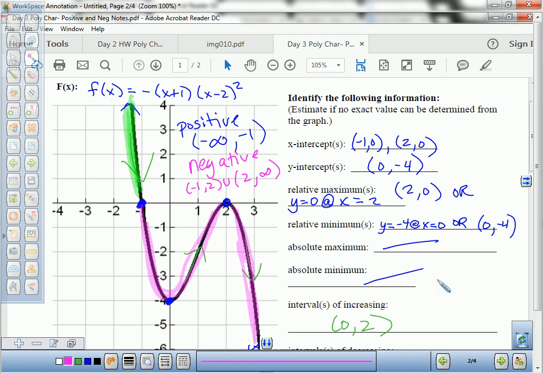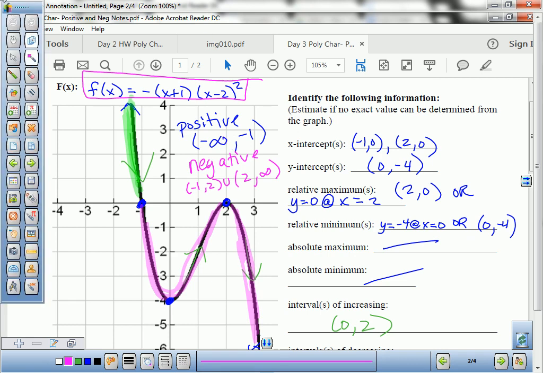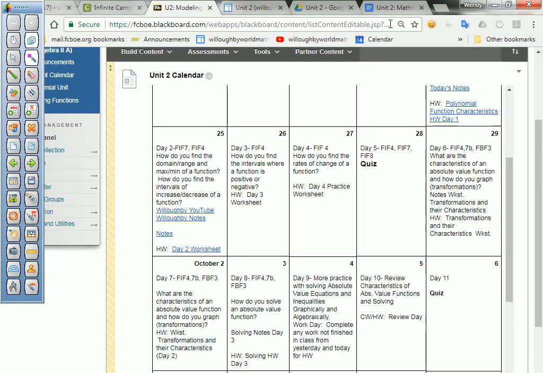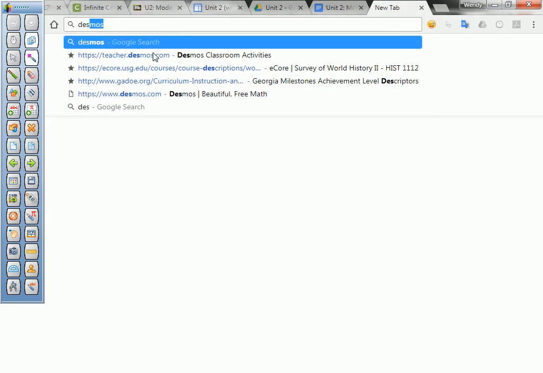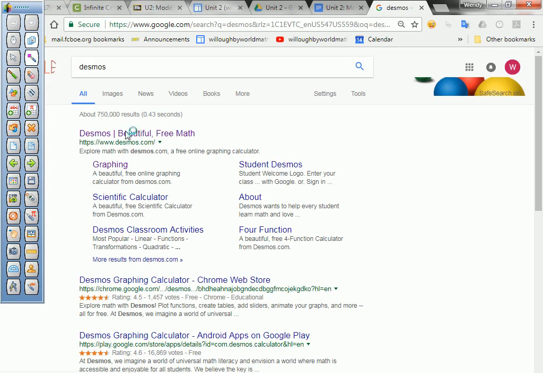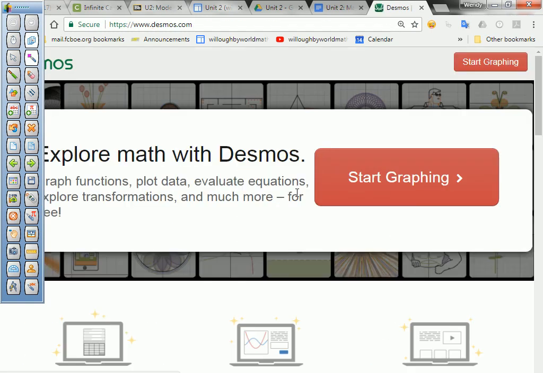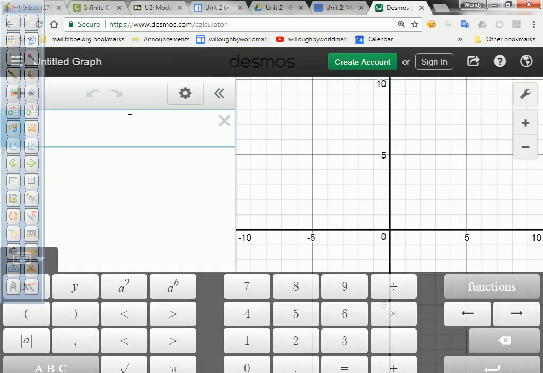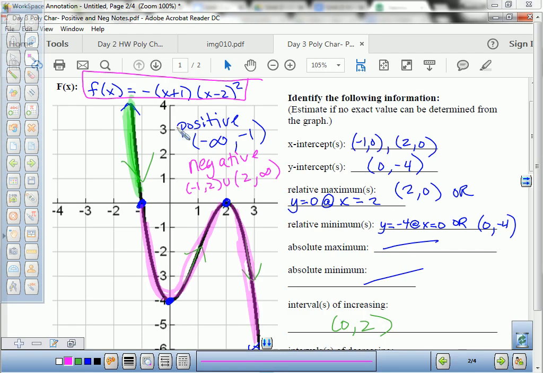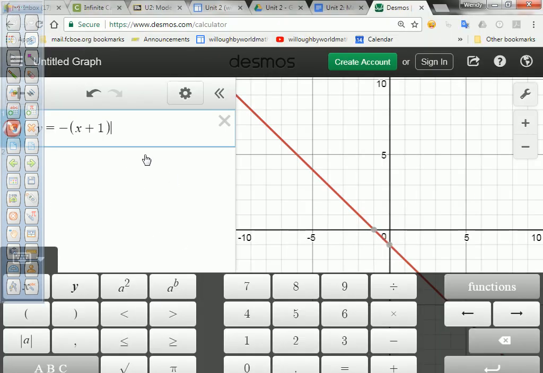Okay, so pull out your calculator and actually put this equation that we made up in there, and let's see how close we are. I'm going to Desmos just because it's quicker. Let's see. X plus 1, x minus 2 squared.